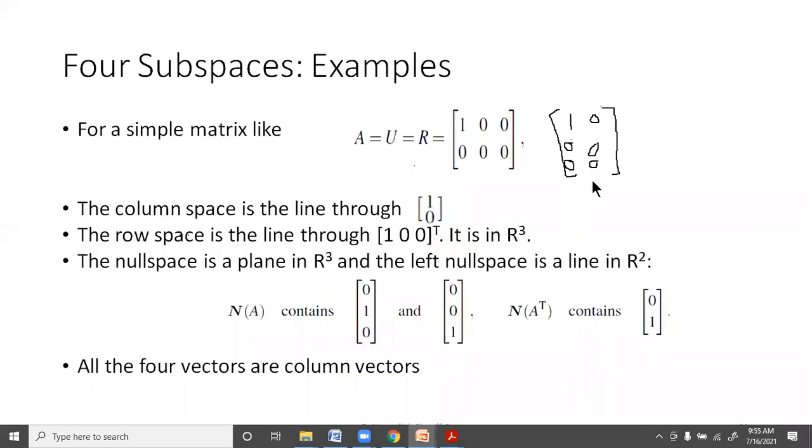That is why you just take the transpose and find the column space, which will be 1, 0, 0 transpose, because 1, 0, 0 corresponds to a linearly independent column.